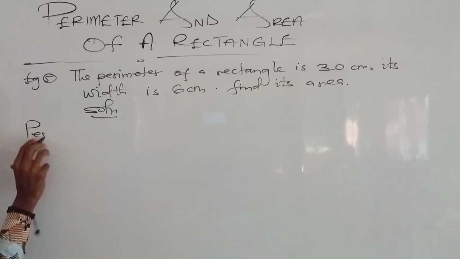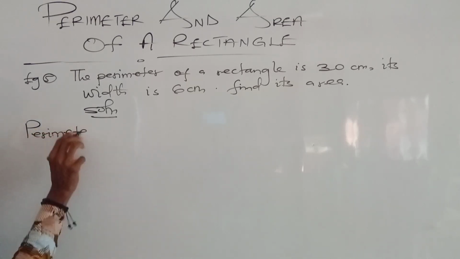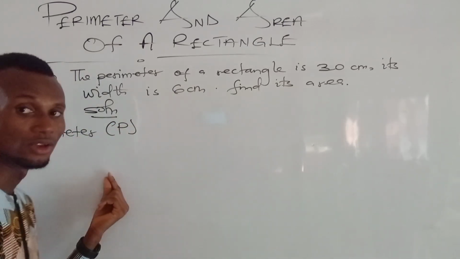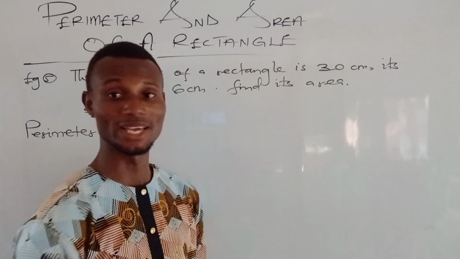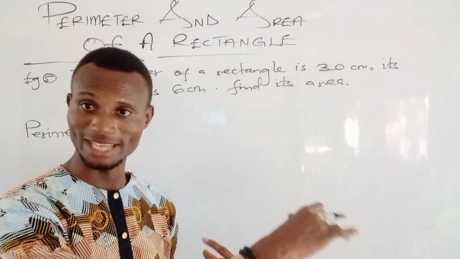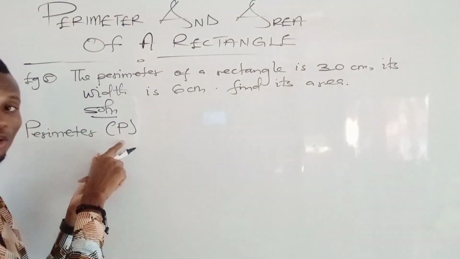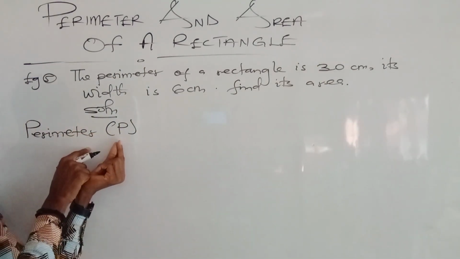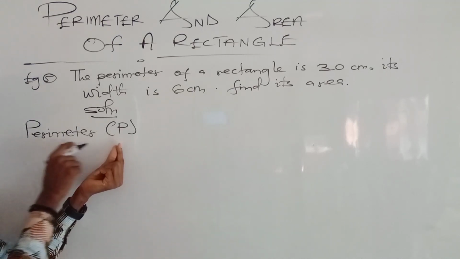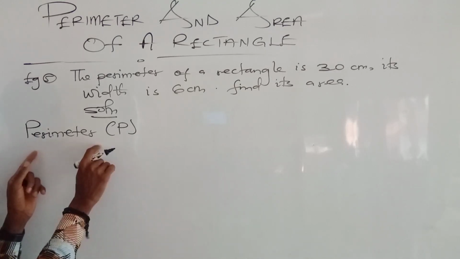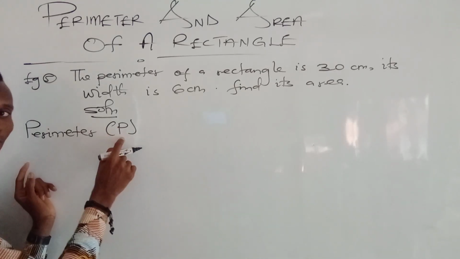Write the perimeter in full, then in brackets P. Don't write only P, because P can represent a lot of things. So write perimeter in full, then in brackets P, so that we know that this P is the perimeter we are talking about. The P is being defined.